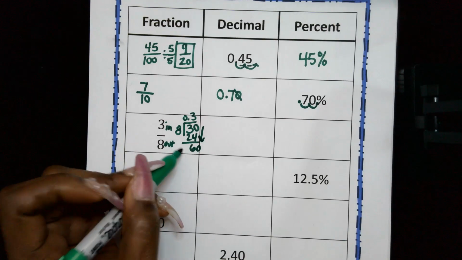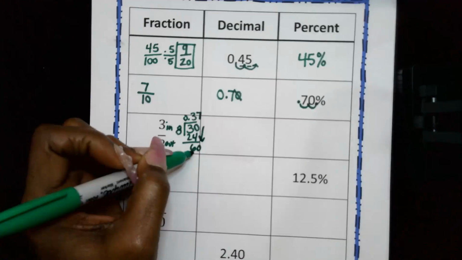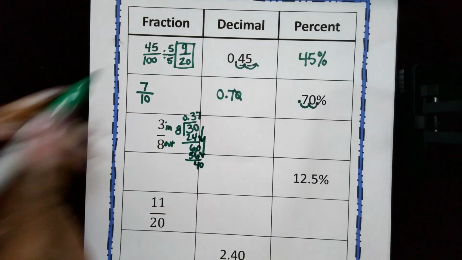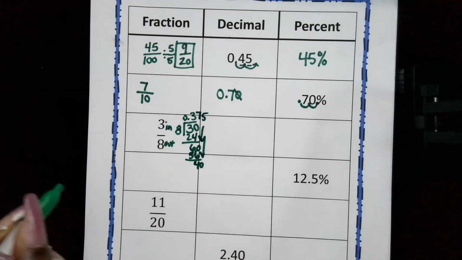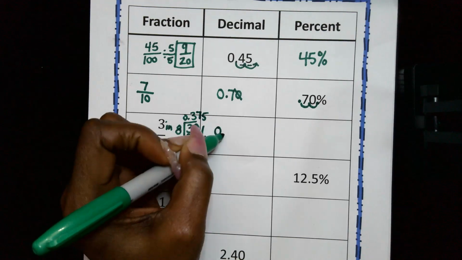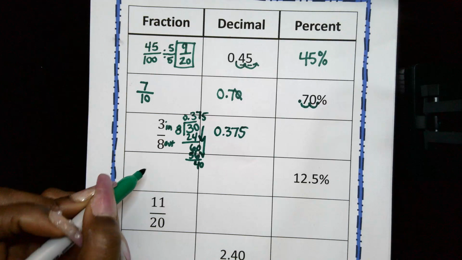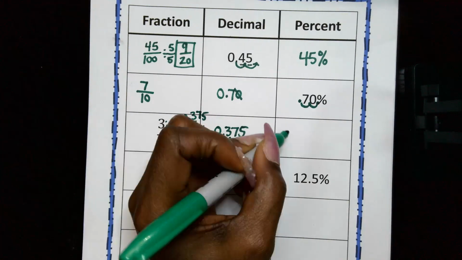Eight goes into 60 7 times. That's 56. And 5 times. So there goes my decimal. And again, to convert my decimal into a percent, 1, 2.